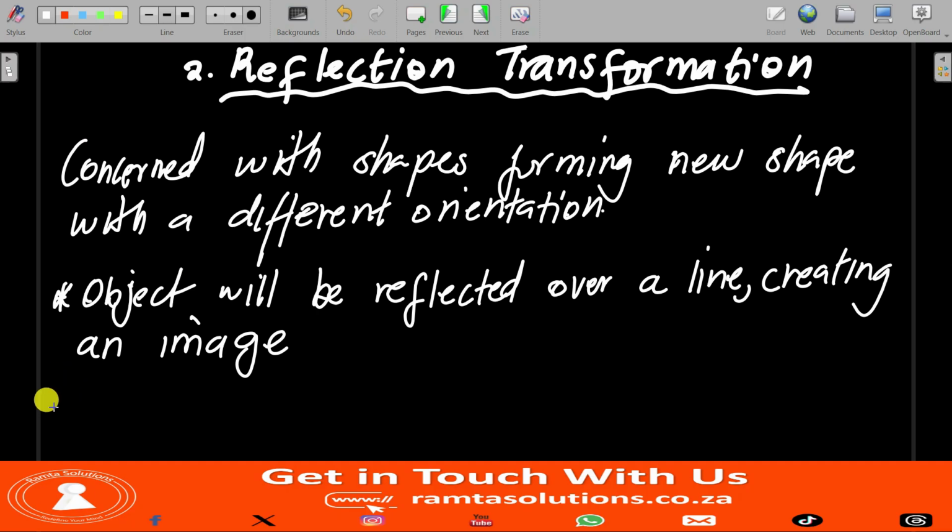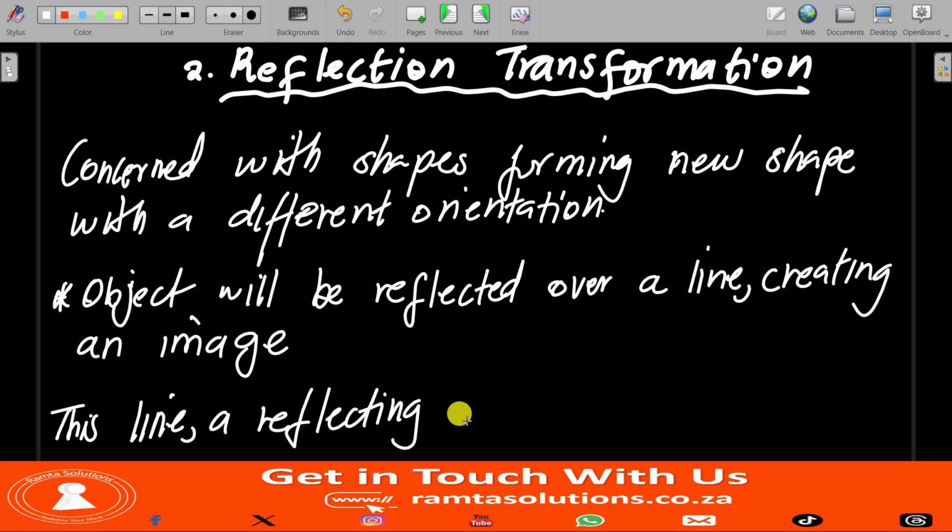So this line, we call it a reflecting line. This reflecting line will be the same distance between the original point and the image point.